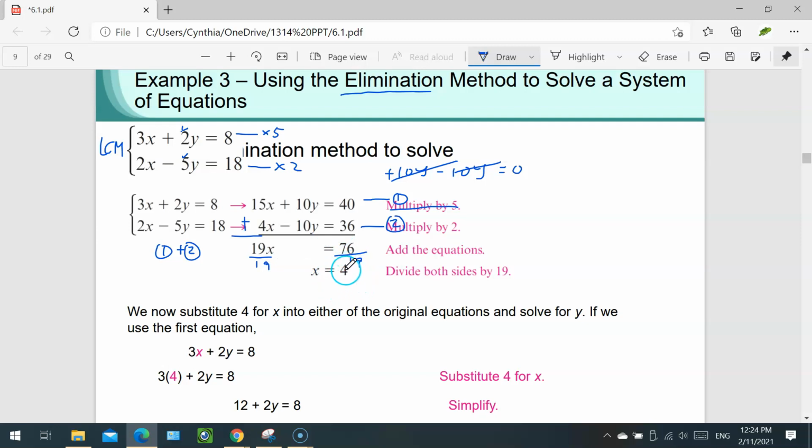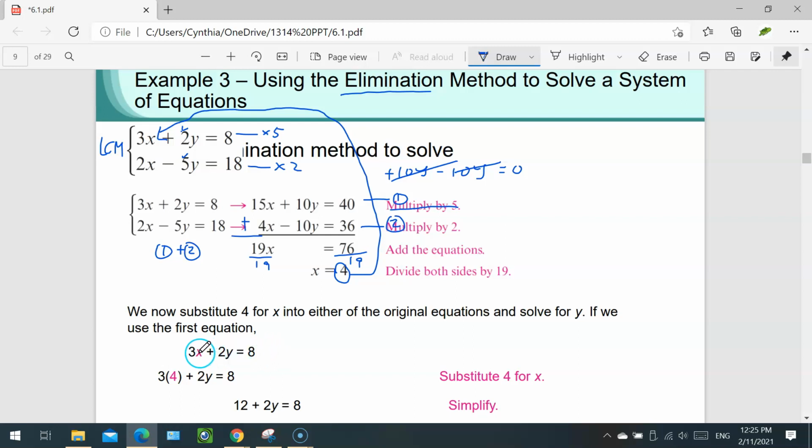Once you solve for x, we can simply plug this 4 back into any equation you want. But normally, I recommend you substitute this number back into the original equation because the numbers are smaller. So when I substitute x back into the first equation, we have 3x plus 2y equals 8.